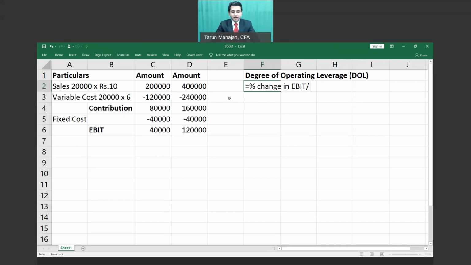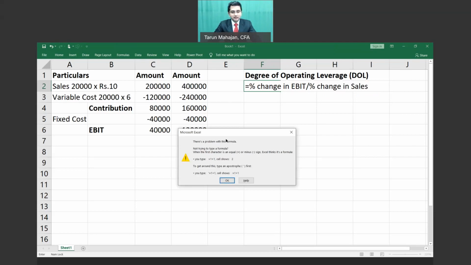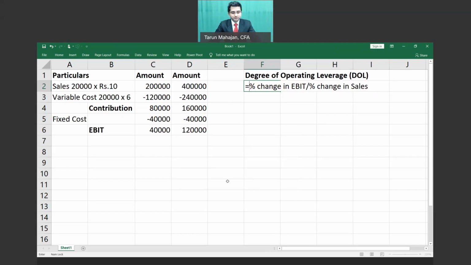Percentage change in EBIT divided by percentage change in sales. That's the formula. So if I calculate what is the percentage change in sales and percentage change in EBIT. So sales increased by 100%, 2 lakh plus 2 lakh is 4 lakh.